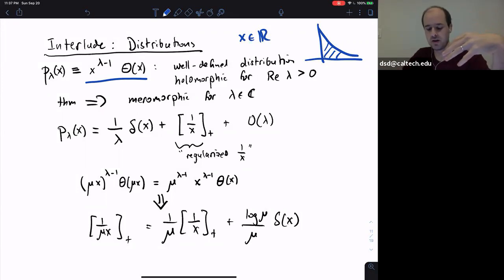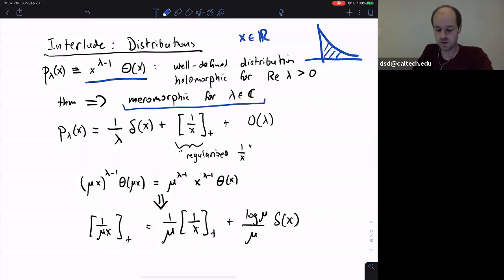If we fix the Schwartz function, then we get a family of numbers that depend holomorphically on lambda. Now there's a theorem that says that if you have a distribution with this property, then it can be extended to a meromorphic function of lambda. So it can have poles if we go away from the region where it's most nicely defined.